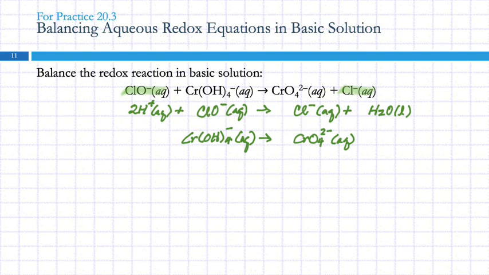But this is basic solution. So I'm going to look at how many hydrogen ions do I have. I'm going to add the same number of hydroxide ions, but I'm going to add the same to both sides. So I'm going to add 2 hydroxide ions to that side and 2 hydroxide ions to the other side.